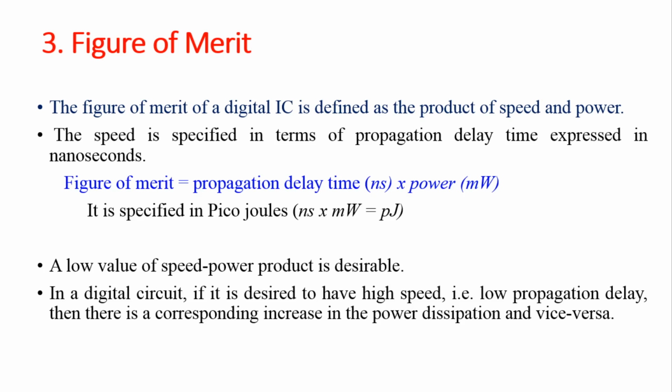It is specified in picojoules, pJ. A low value of speed power product is desirable. In a digital circuit, if it is desired to have high speed, that is low propagation delay, then there is a corresponding increase in the power dissipation, and vice versa.